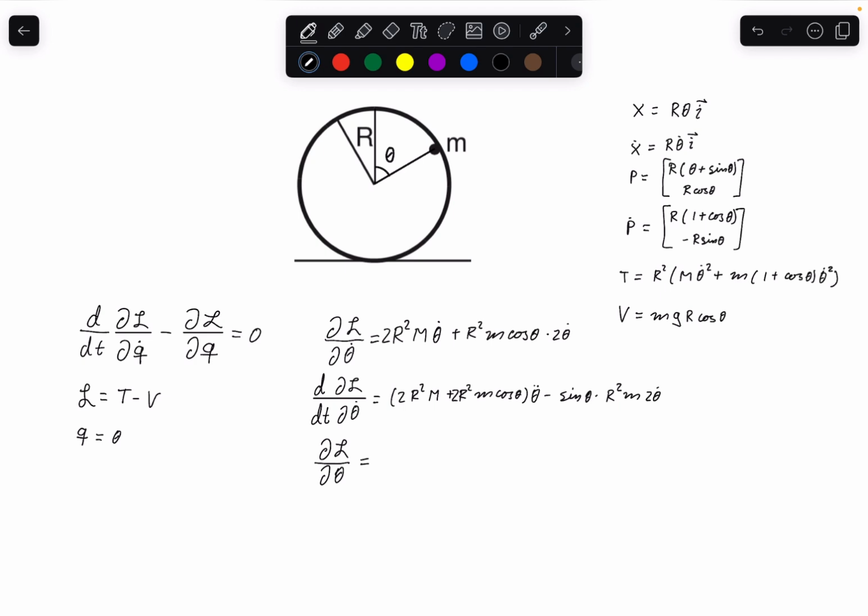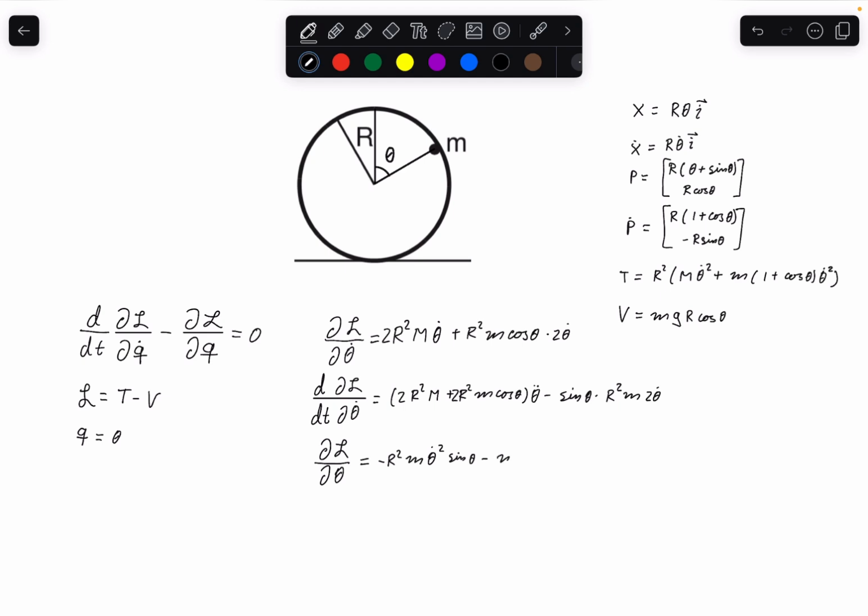The derivative of the kinetic energy should be equal to r squared multiplied by m, then theta dot squared, and then we take the derivative of the cos theta, which is sine theta with a minus sign in front. And because there's minus the potential energy, we take minus the derivative of the potential energy as well.